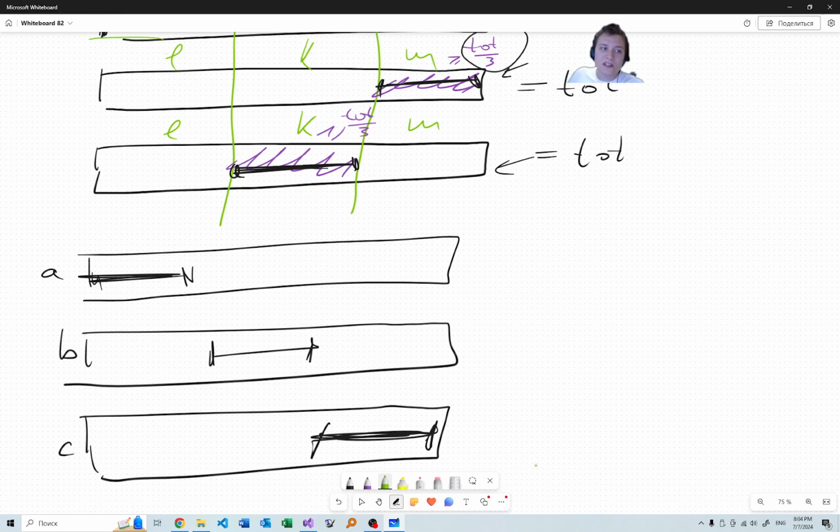So you want this sum to be at least total over 3. Let's take the minimum possible segment with this condition. Notice that if you take any more elements, then it is not profitable, because instead of that you could put them in the other segment, and it could be better for that segment.